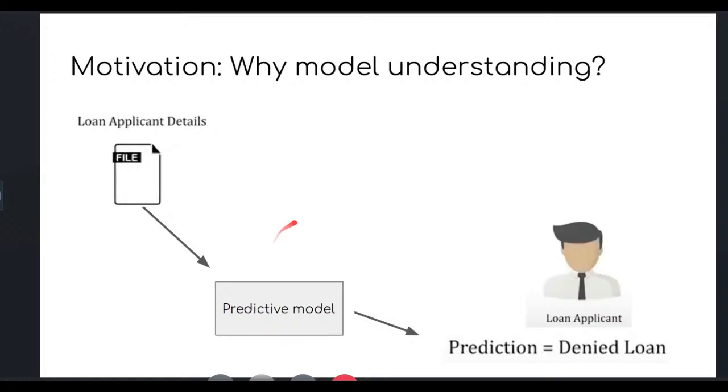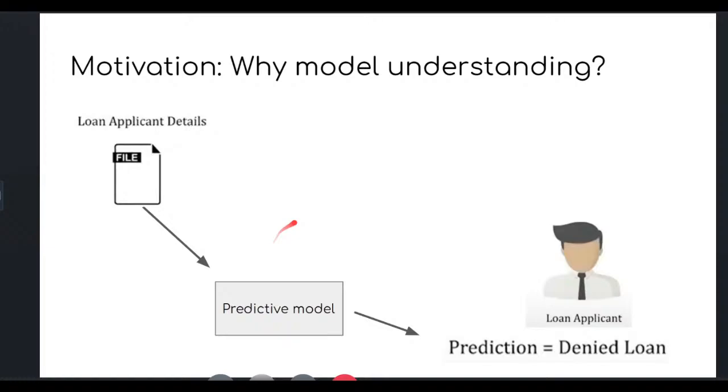For example, increase your salary by 50,000 and pay credit card bills on time for the next 3 months. These are lacking. Your salary is lesser by 50,000 and you need to pay 3 more months continuously your credit card bills without missing. Then your application will be stronger and the loan will be sanctioned.